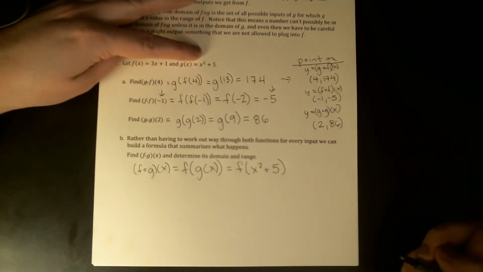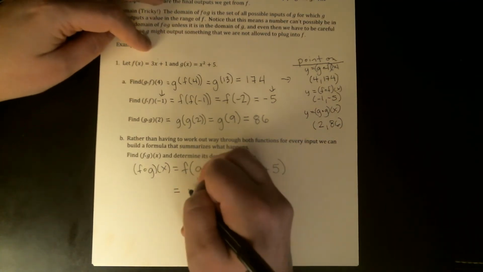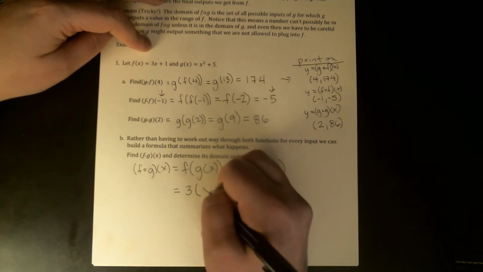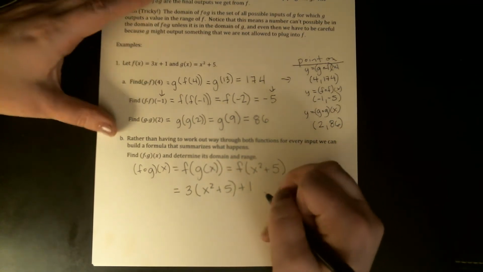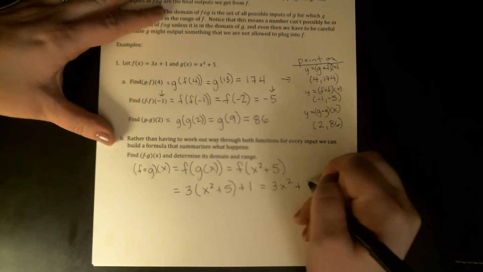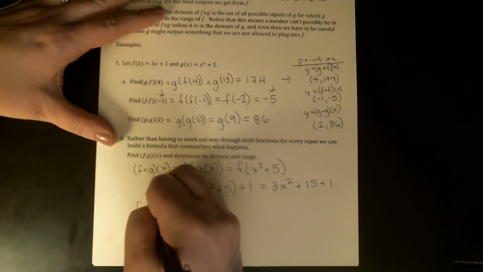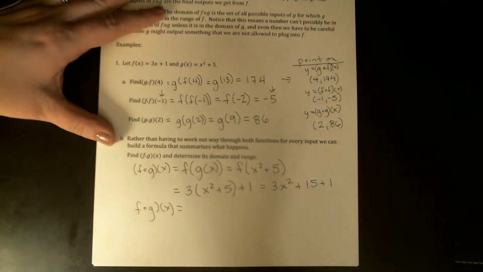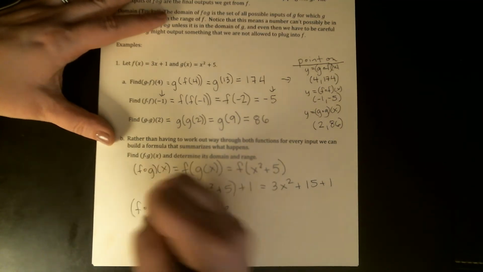If I then take the x squared plus 5 and plug it into f, it's going to multiply it by 3 and add 1. So I am getting 3x squared plus 15 plus 1. So f of g of x is 3x squared plus 16.